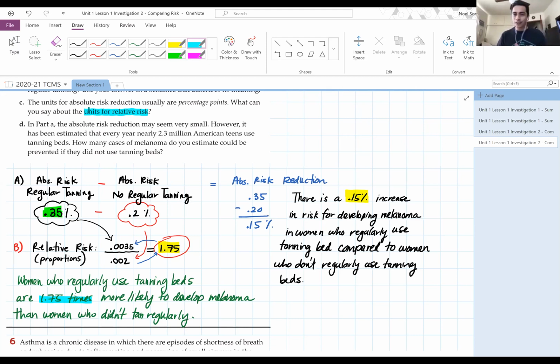That's not quite the same as saying 1.75 times more likely versus an increase of 175%. It's not quite factual. So the units for relative risk should not be percentages, not percentage points. We're okay with a relative risk value that is just a number. That's our multiplicative factor.